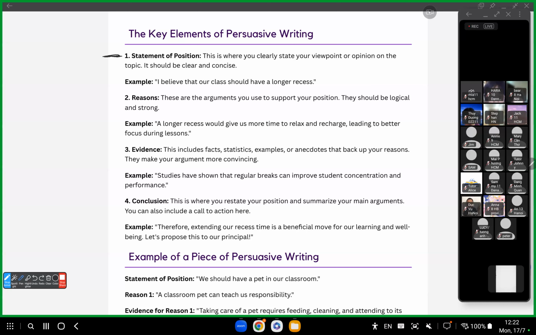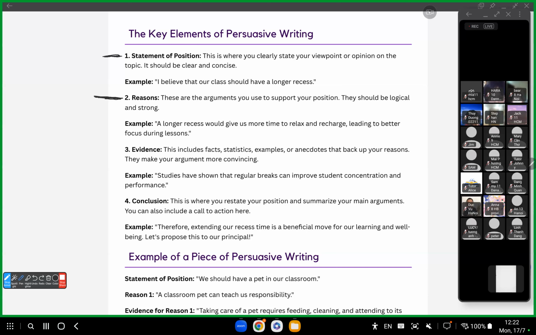And number two, we have reasons. So we need to give our reasons to support our position. So we need to make sure that our reasons are logical and strong.